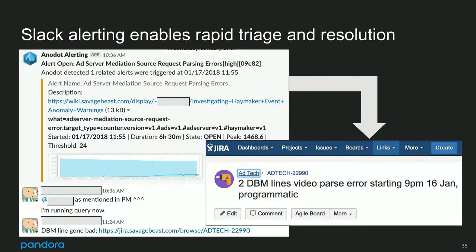Having alerts surfaced right in that context we found extremely useful in getting issues to the people who can investigate and triage them, again resulting in reduced time to respond to these types of issues.